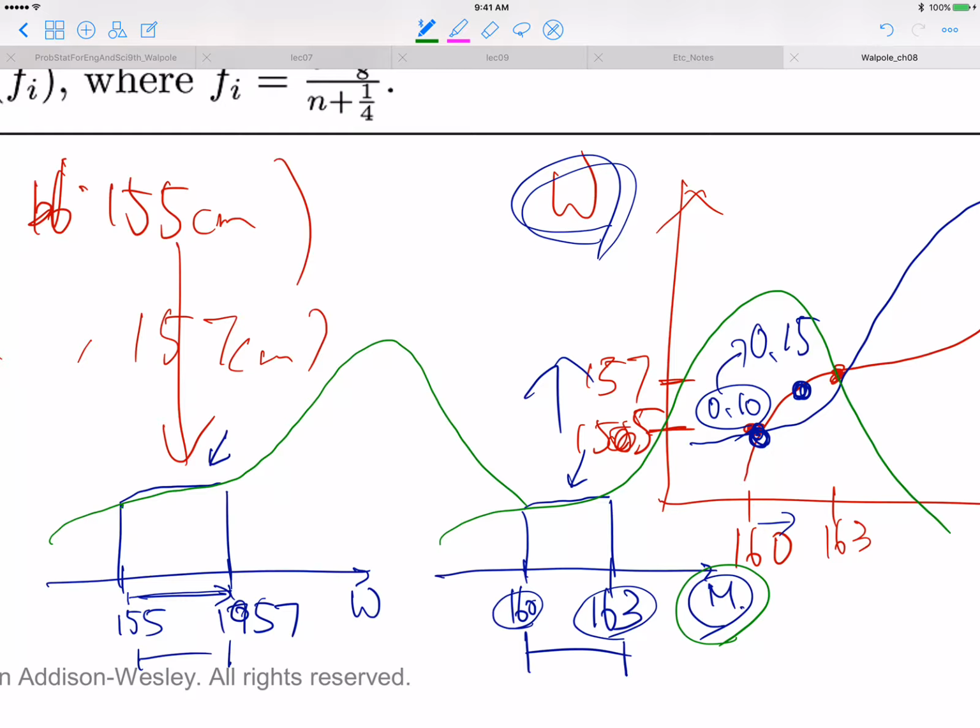The integral over this region should be the same, 0.15 minus 0.10, so this probability difference is assigned to this region and this region. But the same probability is assigned to a wider range of x values compared to the men's case, and this means overall the height.